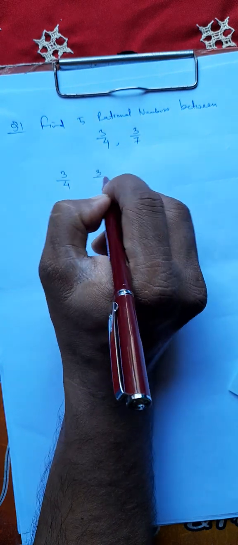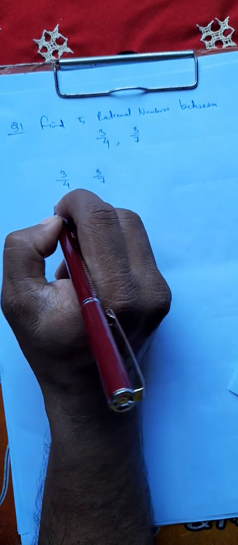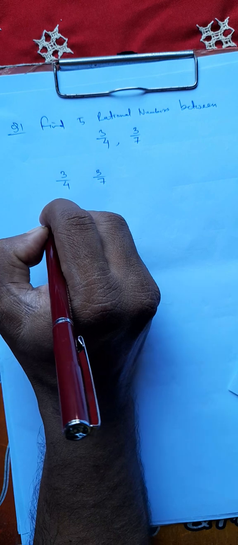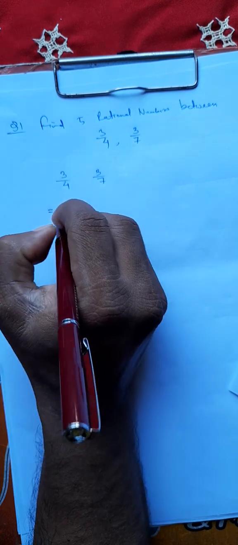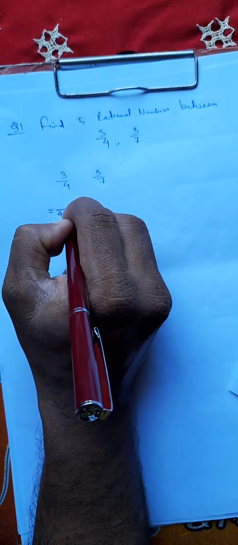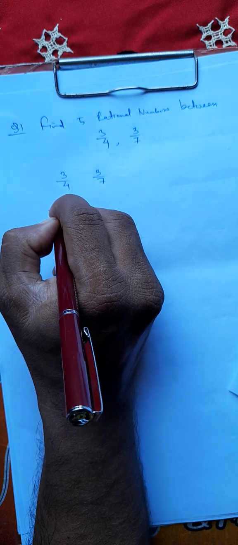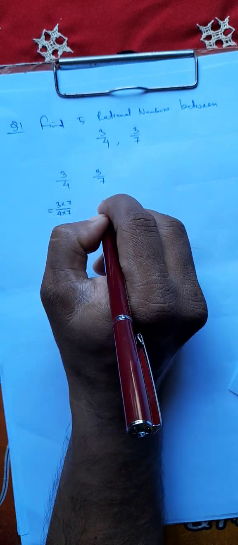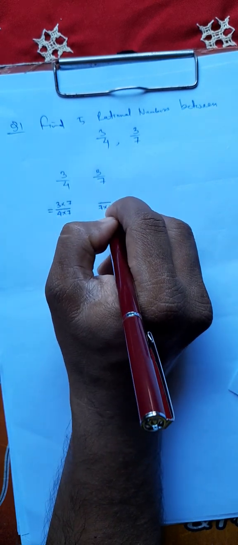Now you see 3 by 4 and 3 by 7. Let's make them like fractions first. So 3 by 4 we multiply both by 7, and this one we multiply both by 4.